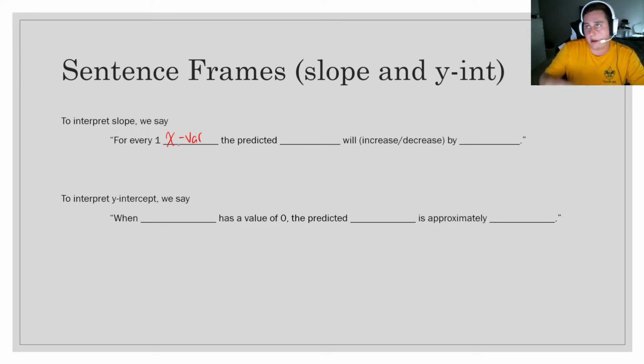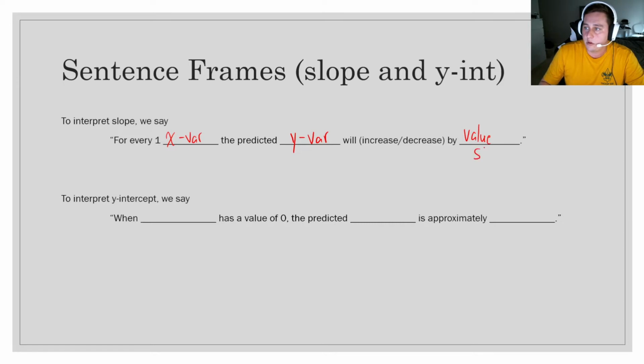So for every one shoe size you increase, the predicted y variable, so the predicted overall height, will either increase or decrease by, and then you put in the actual value for the slope.